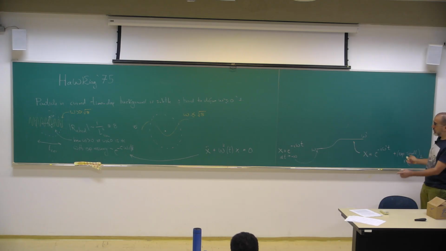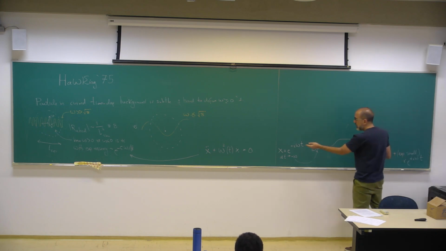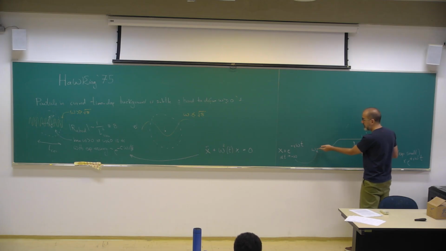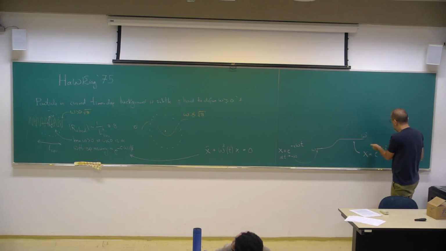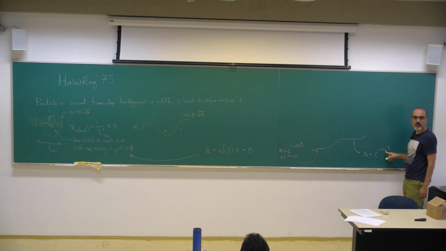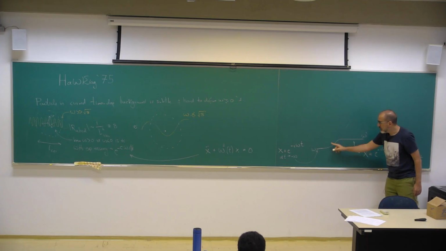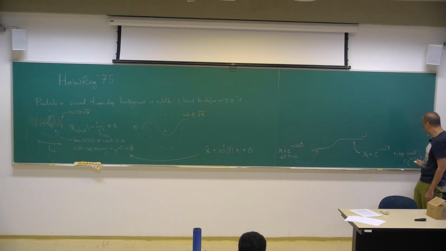So you see that the two possible modes are plus and minus omega t at plus and minus infinity. And if you start with minus and you change slowly, then the system changes adiabatically and stays in the same state all over, and when you are at the end, you are still in the negative frequency case. But not completely, because there is some time dependence. You get a little bit of positive frequency. So you get a little bit of particle production, but very, very small.